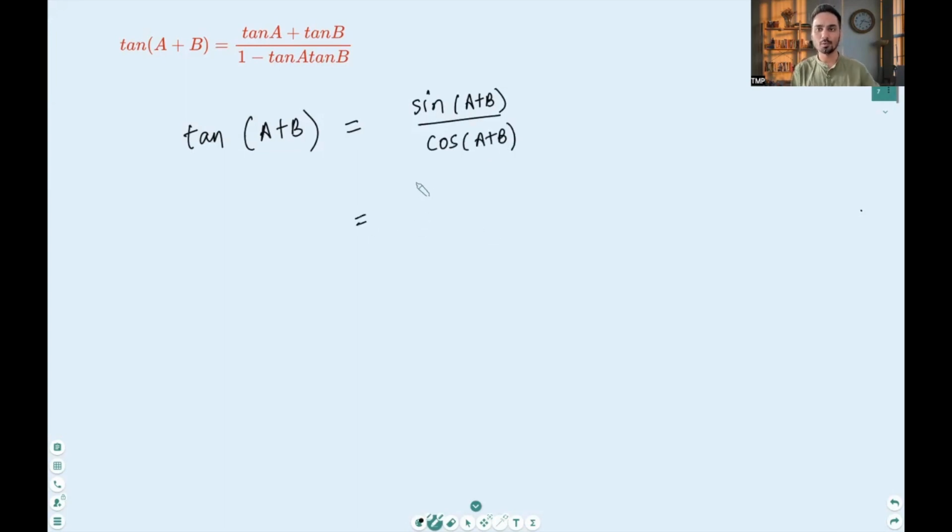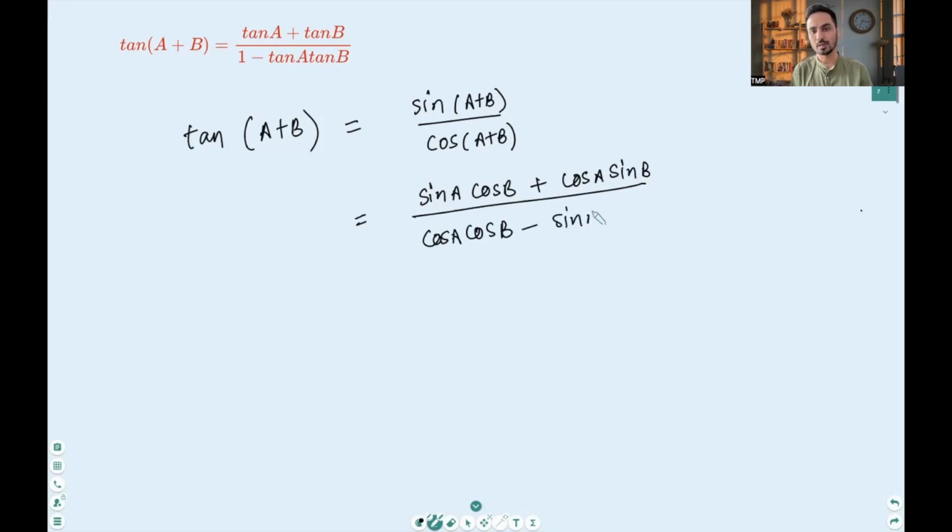And we have already proved the formula for sine (A plus B), which is sine A cos B plus cos A sine B, over the formula for cos (A plus B), which is cos A cos B minus sine A sine B.